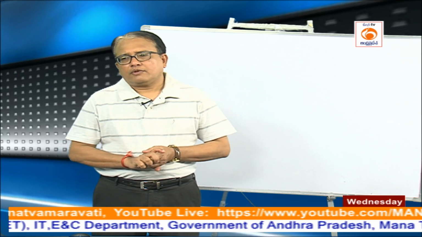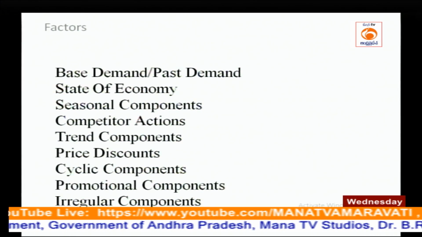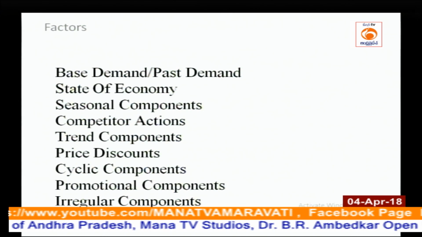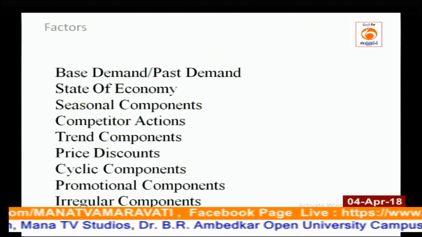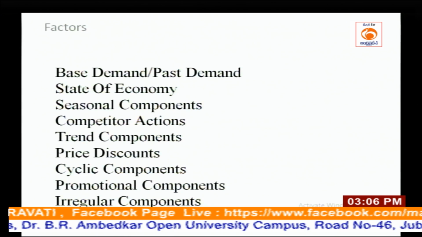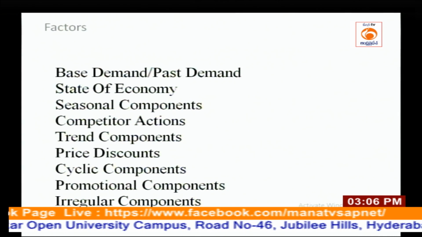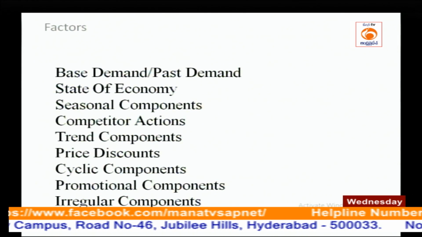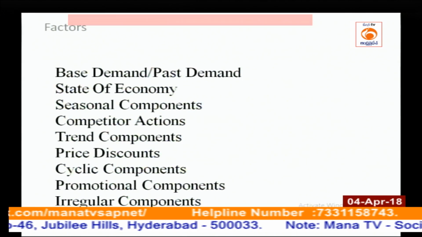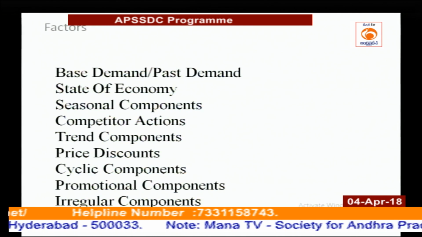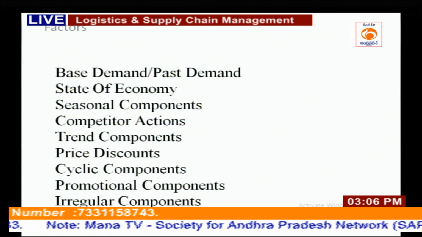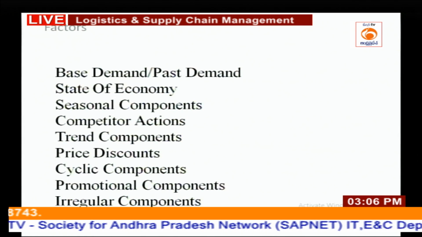Now, what are the factors that influence or decide prediction or forecasting for a particular product? It is the base demand, currently what the company's performance is, how much the company is producing, or what the demand is currently or in the recent past.